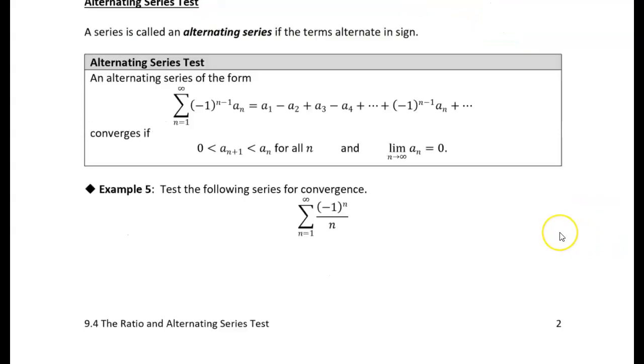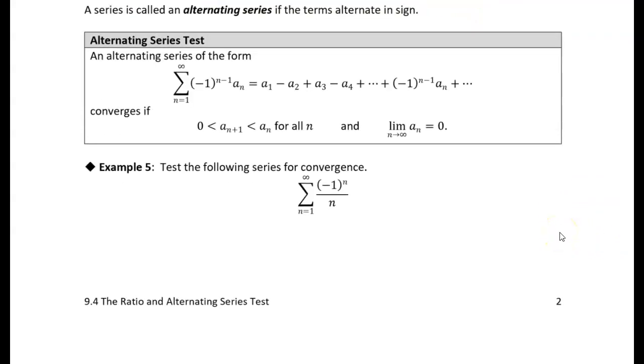Okay, so it turns out that this converges. I'm just going to go ahead and do example 5 as well, because it's related. So 0 is less than the (n+1)th term, which is less than 1 over n, right? And the limit as n goes to infinity of 1 over n is equal to 0.